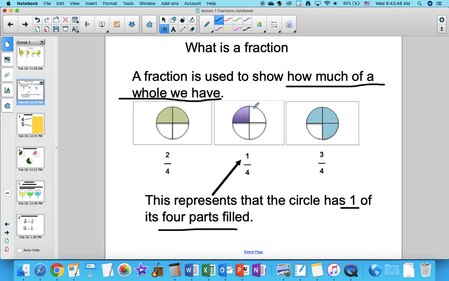We have 4 parts in total, that's the whole, and we have 1 part filled in. In this one, we have 3 parts filled in out of a total of 4, so it's 3/4. And in this one, we have 2/4 because 2 parts of the whole are filled in. So fractions are used to show how much of a total set you have.